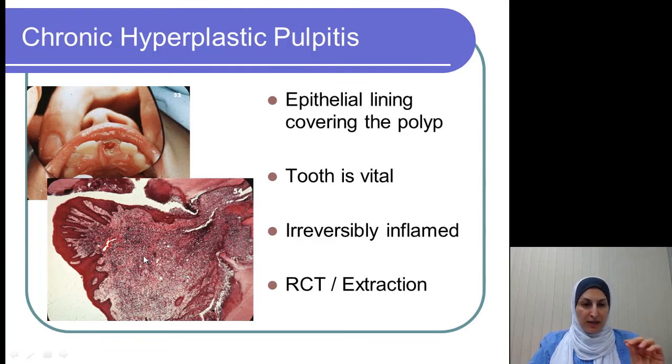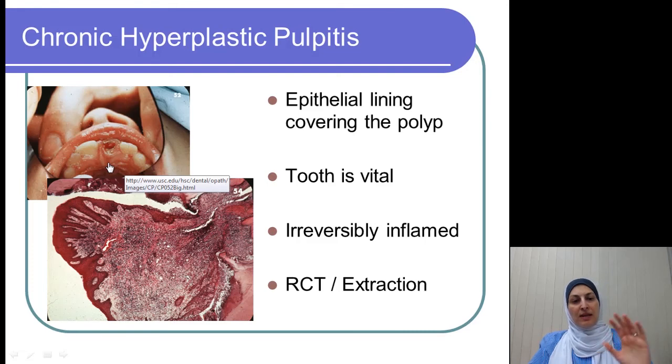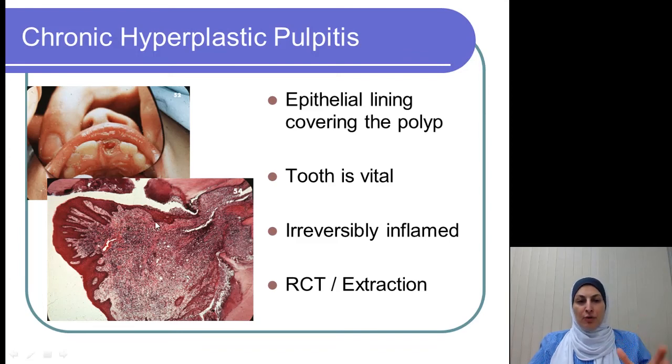This cannot get back to normal. And you can see here epithelial lining. This epithelialization happens from the sloughed epithelium that occurs in the saliva, in the mouth. So these epithelial cells accumulate on the surface of the pulp, forming the pulp polyp as you see it.